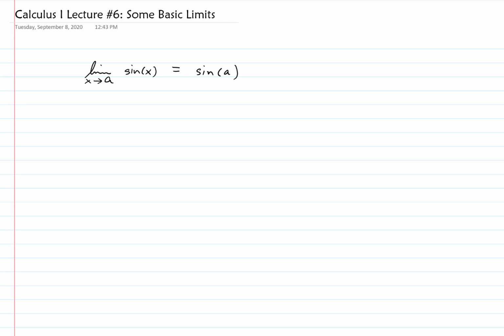If we do cosine, tangent, and then also cosecant, secant, and cotangent, they work the same way.